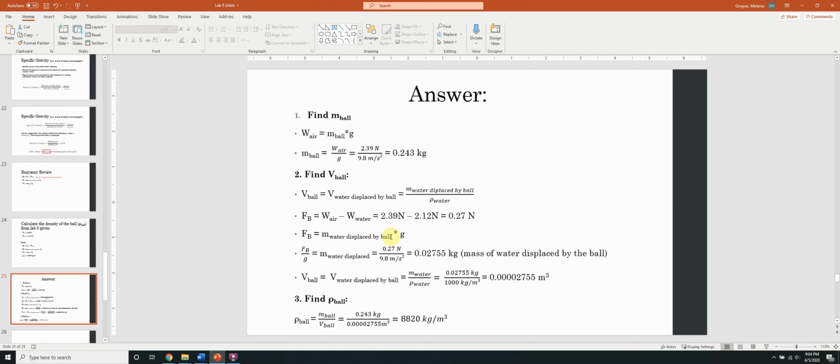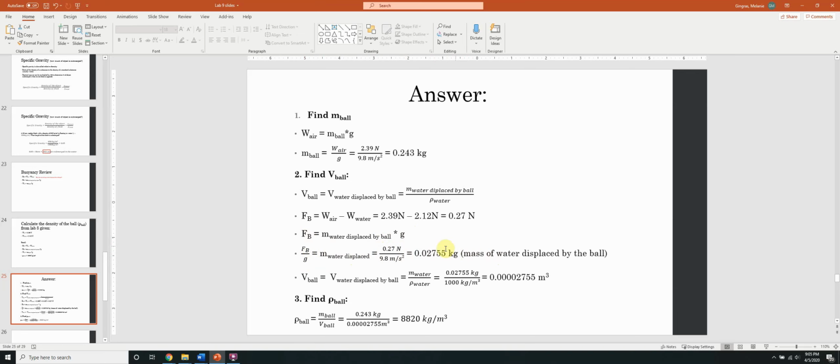It is the weight of that displaced water. If we divide both sides by gravity, buoyancy force divided by gravity is equal to the mass of water displaced. So 0.27 newtons over 9.8 meters per second squared gives 0.02755 kilograms.